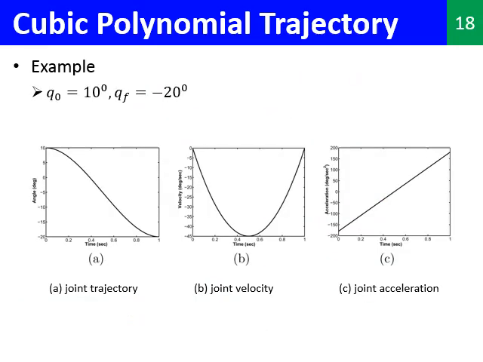Say for example we have q0 equals 10 degrees and qf equals minus 20 degrees, then if we plot the joint trajectory, joint velocity and joint acceleration, we would get these smooth curves.